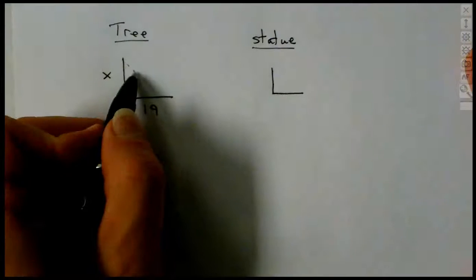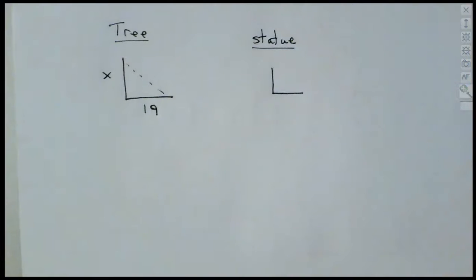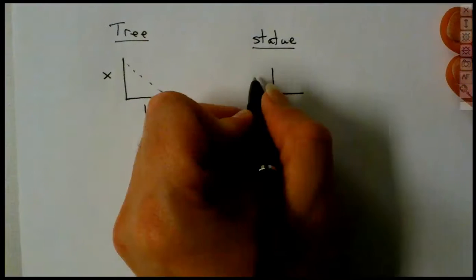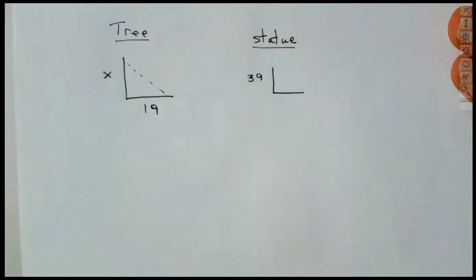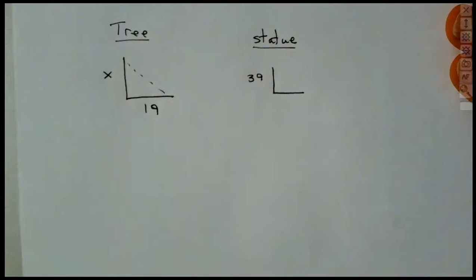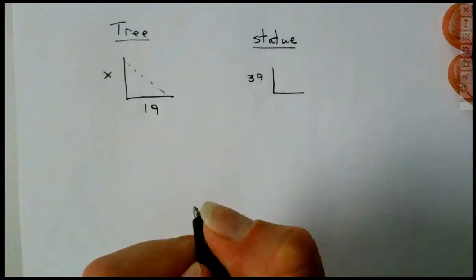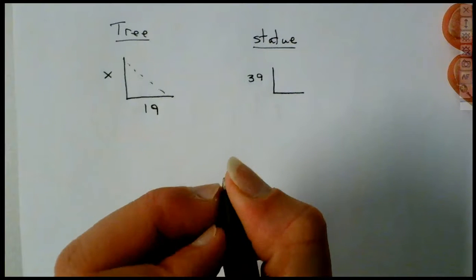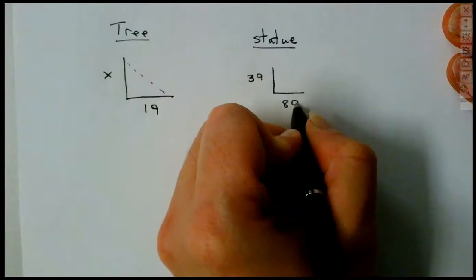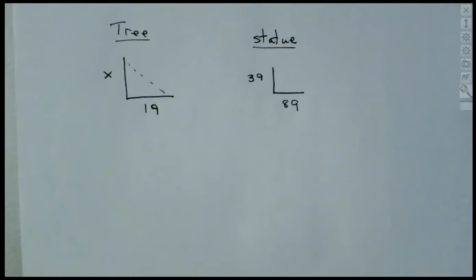So this tree casts a shadow. What about the statue? Well, the statue is 39 centimeters tall. So that's going to go here. And that statue has a shadow that is 89 centimeters long.